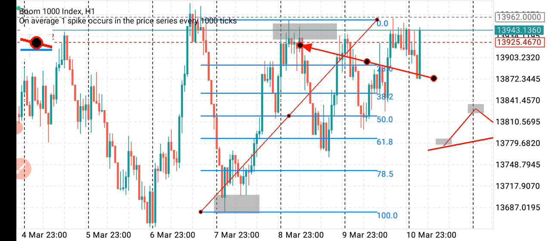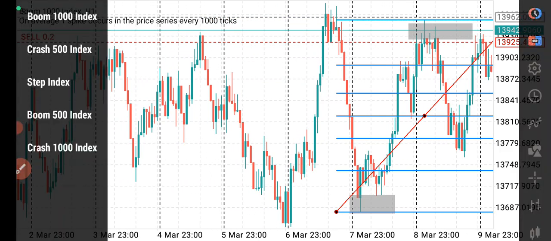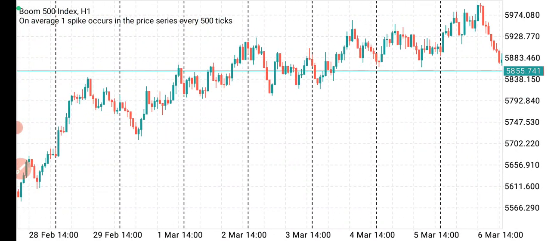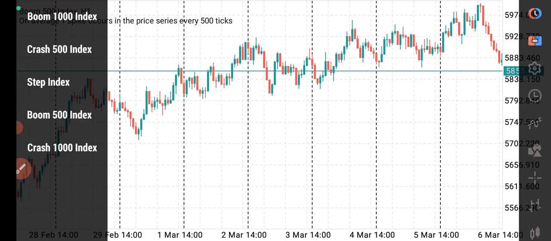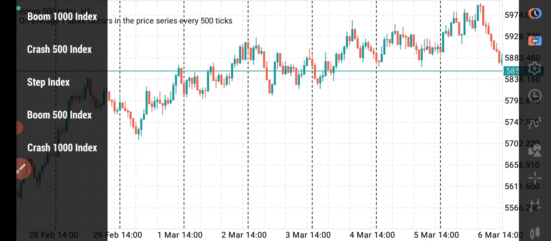Now do you see here, price retraces all the way to, immediately it breaks through 23.6, a reversal has commenced, and then from around 61.8, even on a lower time frame, these things happen. Let's look at M15.